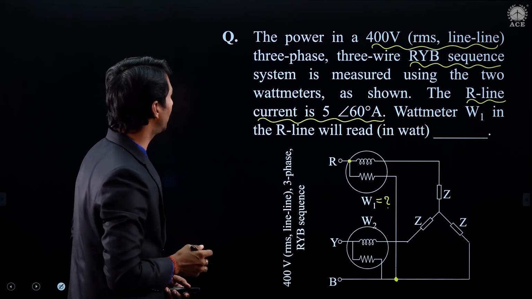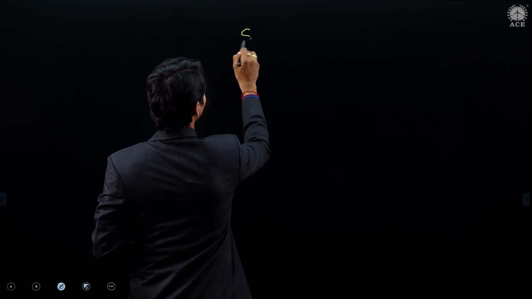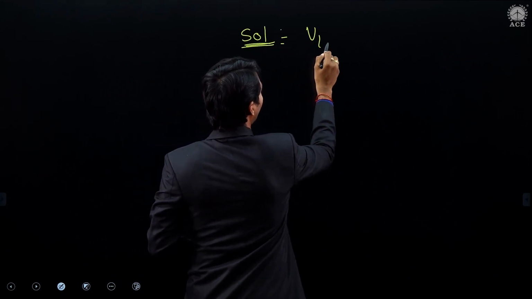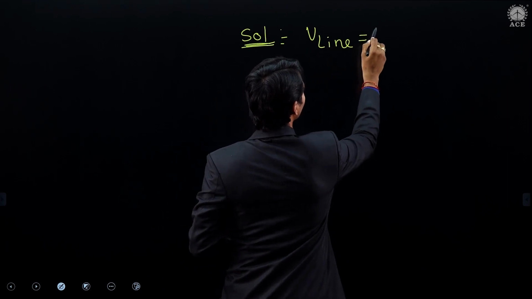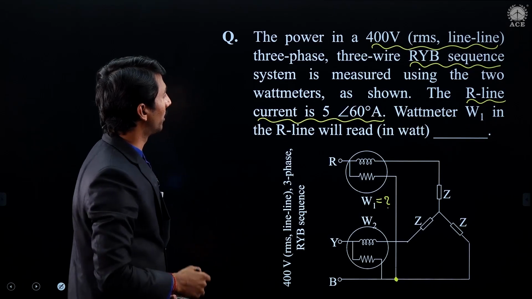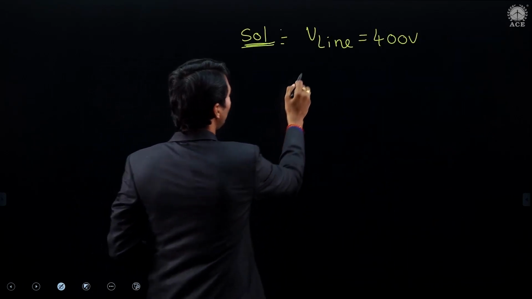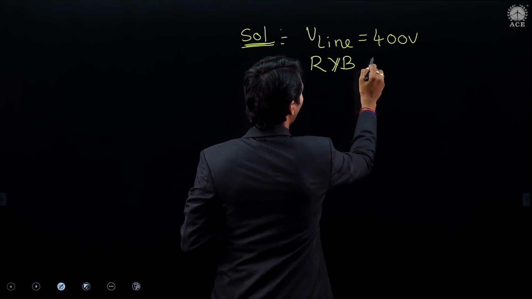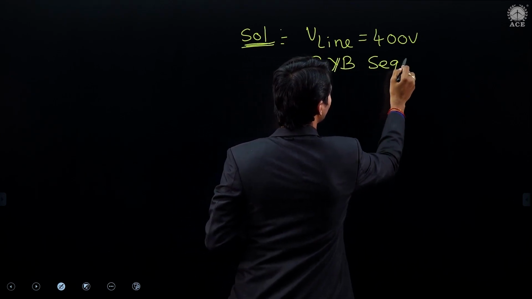Sir, what is the given data? Here, V line is equal to 400 volt. Okay, V line is 400 volt. Sequence is RYB. So RYB sequence.